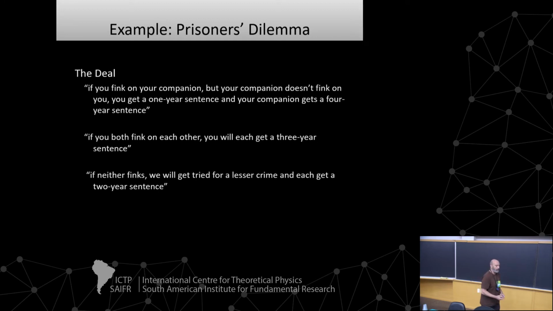And the offer is the following. If you just tell us that the other prisoner has committed the crime, so if you betray your companion, but your companion doesn't betray you, you get a 1-year sentence, and your companion gets a 4-year sentence.